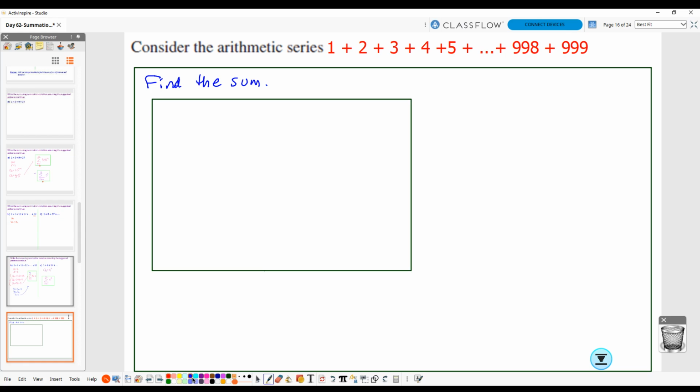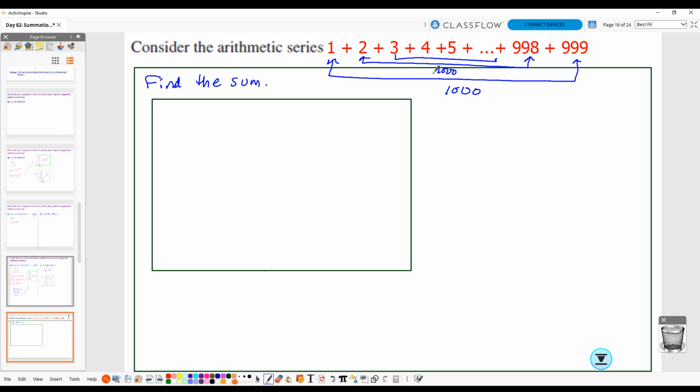Here, if you had to sum up the numbers 1 to 999, we aren't expecting you to do it by hand. We are expecting you to see a pattern. If you add the first and the last term, it's 1,000. If you take one step in here and one step back on the other end, it's still 1,000.